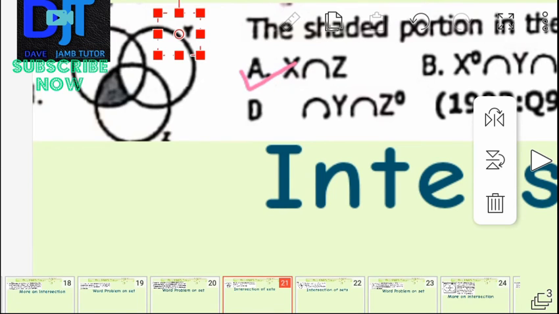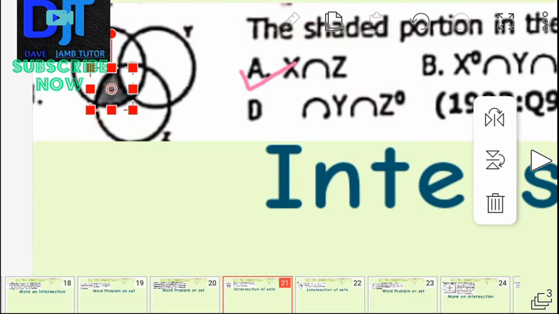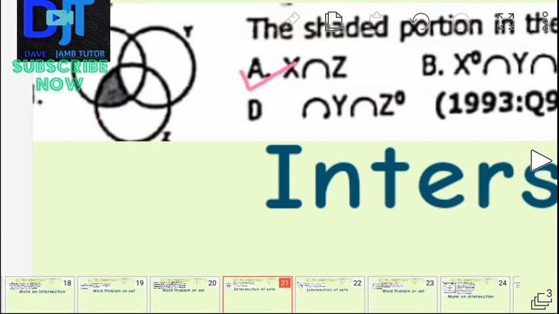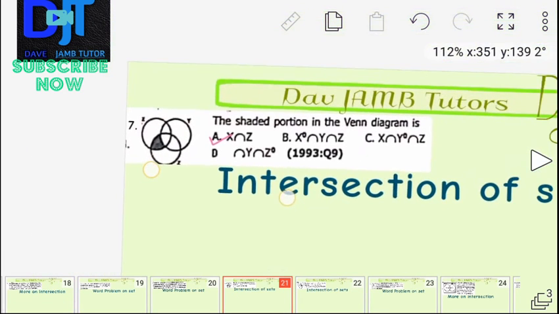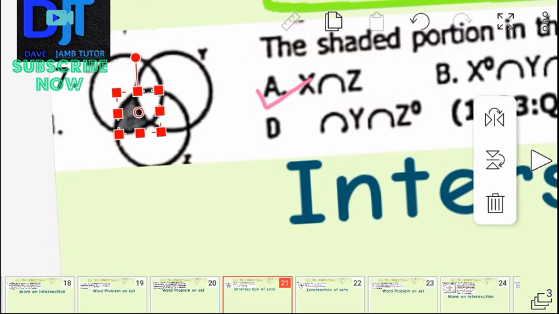Okay, so now we know that this point is always x intersect z. We know that this point is always y intersect z, and we also know that this point is always x intersect y. So knowing that fully well, in this question they now said the shaded portion in the Venn diagram is, and this is the portion they have shaded.